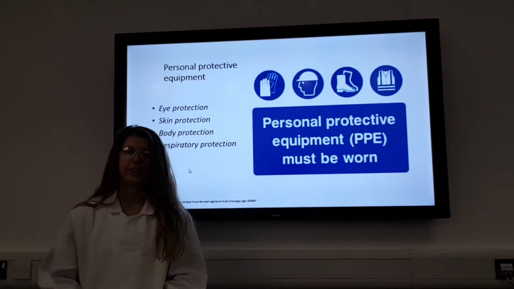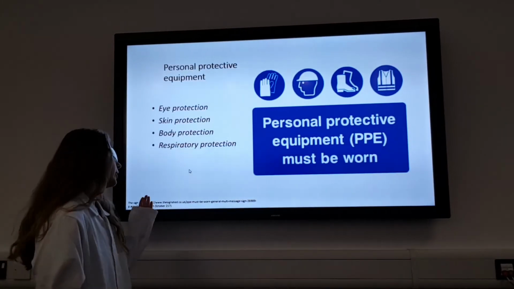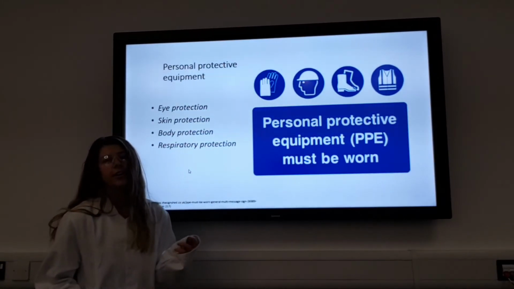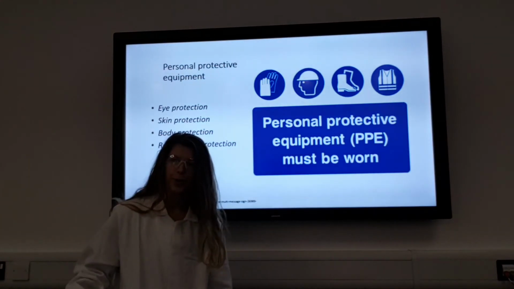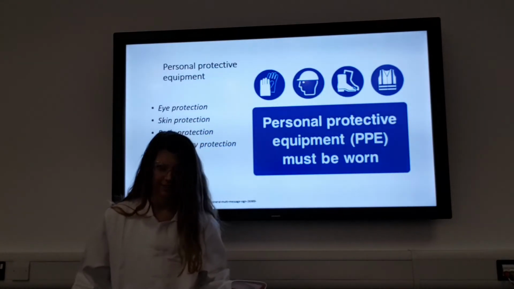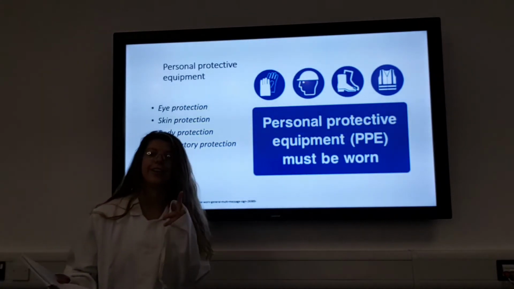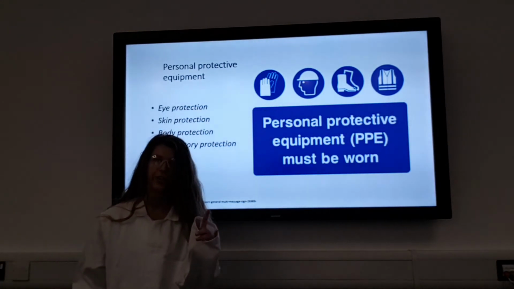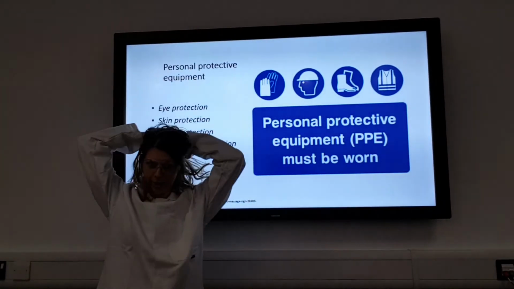Another thing that you might need in some of the experiments is respiratory protection. Also, I want to mention that lab coats should not be contaminated. And every time you're in the lab, if you have long hair, you have to tie it back.